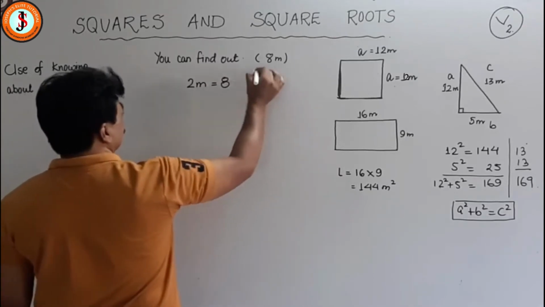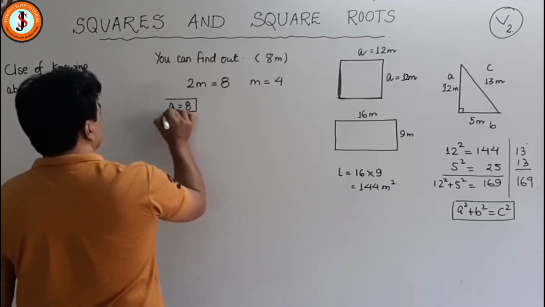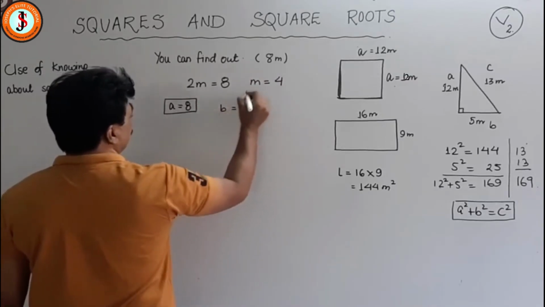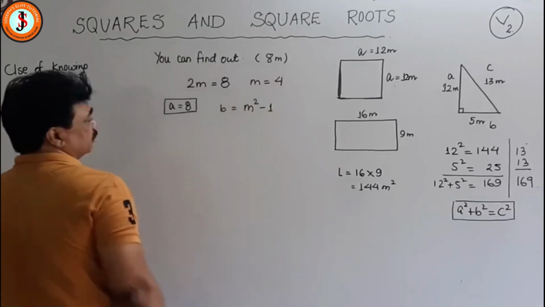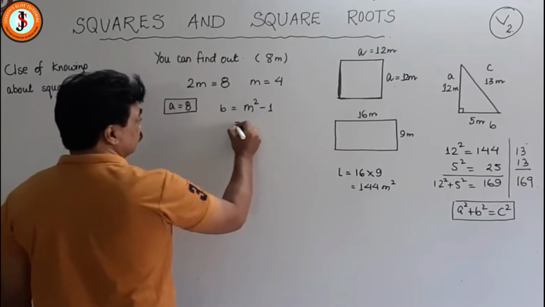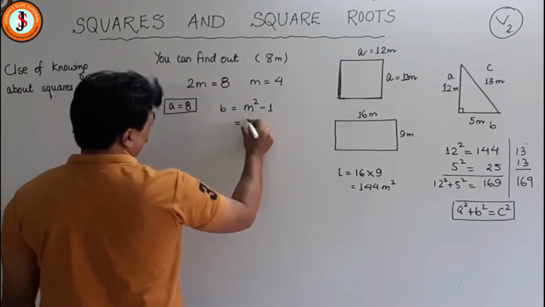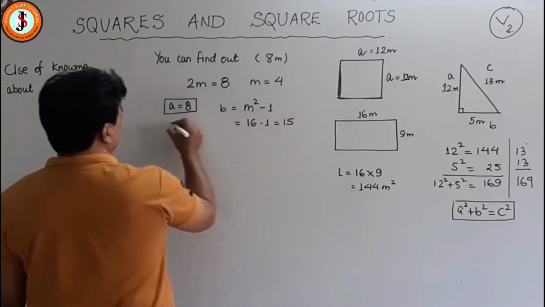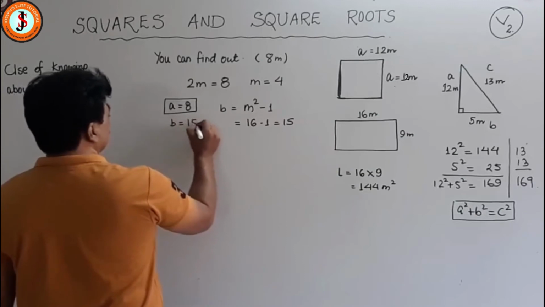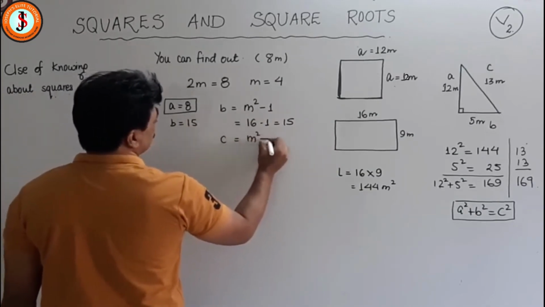Now the first side A will be 8. This you remember. B will be equal to the square of the half, minus 1. So half of 8 is 4. 4 square is 16. 16 minus 1 will be 15. So B will be 15 and C will be the same thing only with a positive sign.